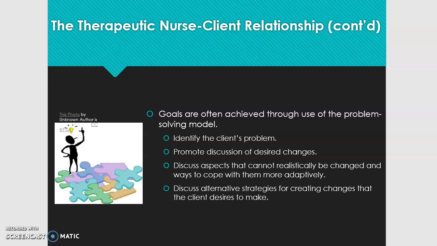And then discuss how sometimes things are not going to be realistic and some things are going to be realistic. Let's try to help them focus on the realistic things that can be changed. And then discuss strategies for creating changes that the client wants to make. What kind of strategies can those be? How can you make that work?